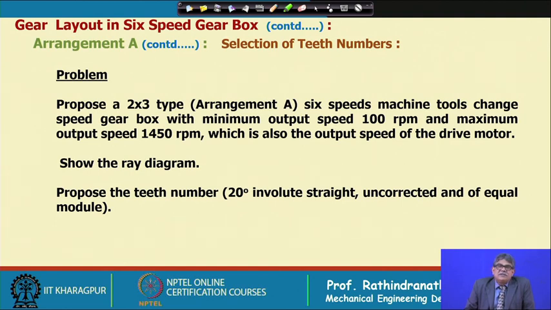Usually gears are uncorrected, because for interchangeability purposes all gears are uncorrected, and they are standard with standard addendum, and as already mentioned, the widths are equal, and the gears are super finished.